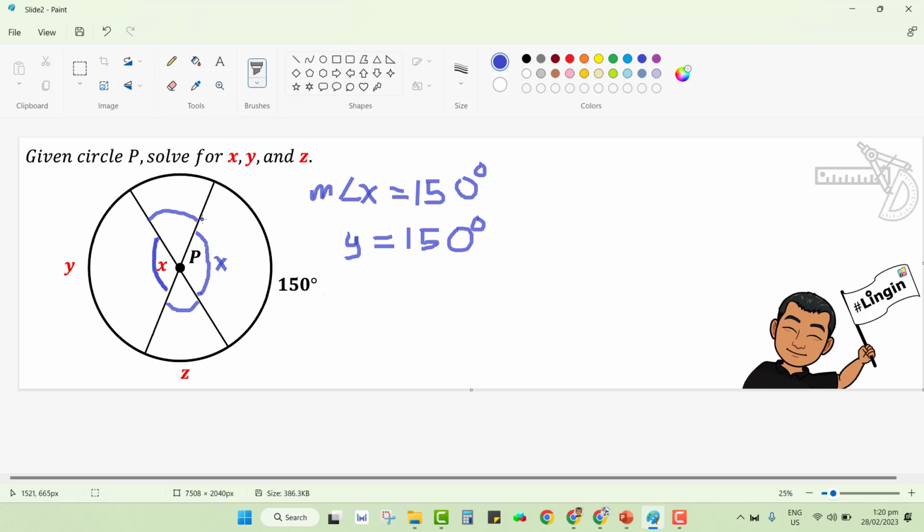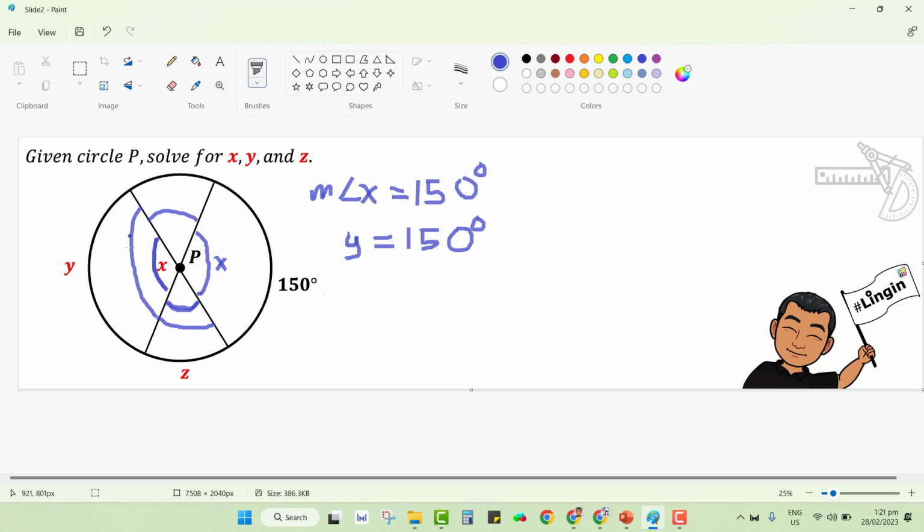But we could solve the value of this central angle, which will relate later on to the variable z, by looking into the perspective of this angle x and this central angle intercepting arc z.